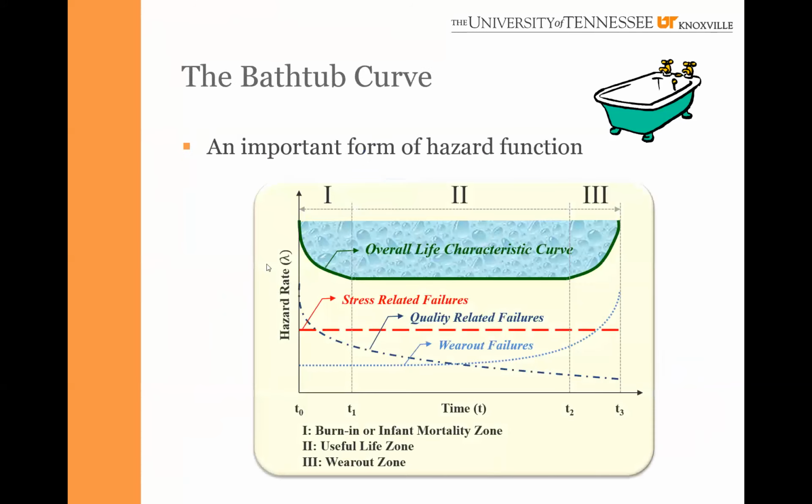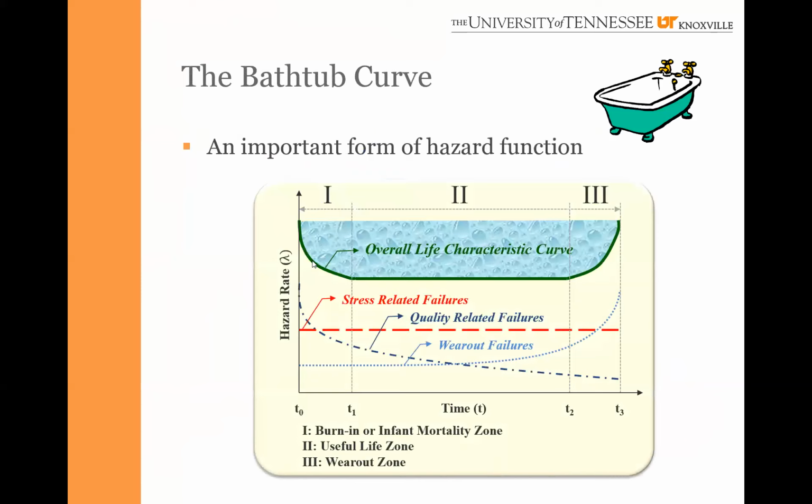If you do testing in house, and only ship the ones that survive this burn-in period, survive this testing, then you can assure that you have longer useful life among the ones that survive.